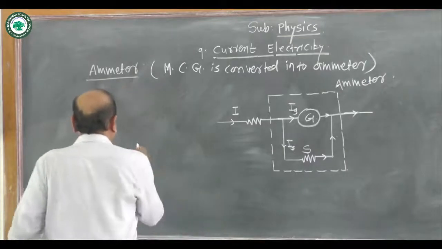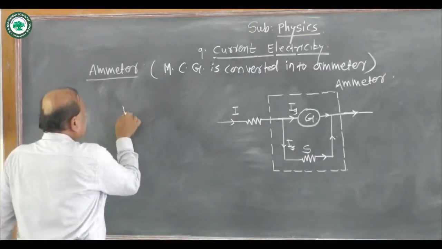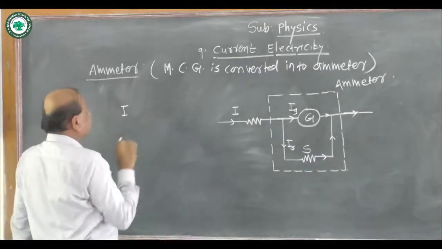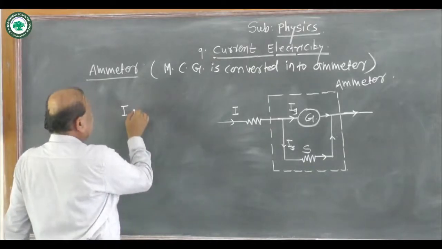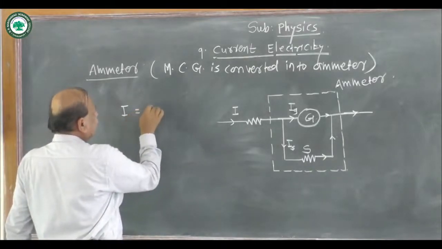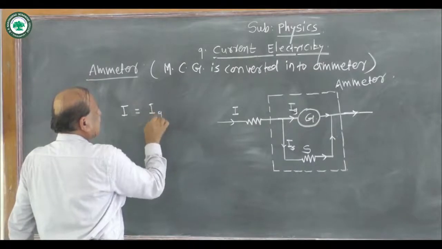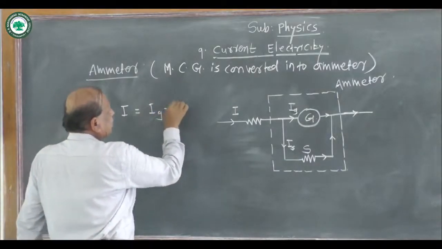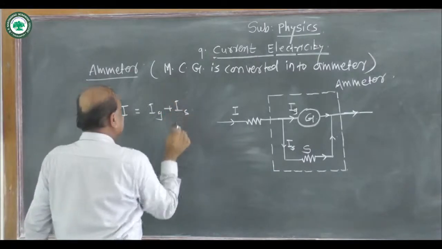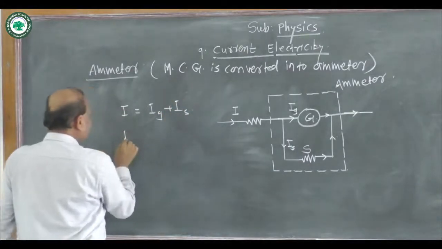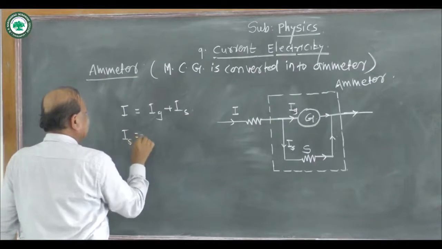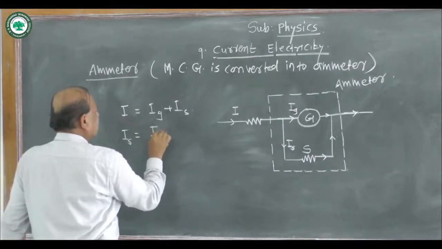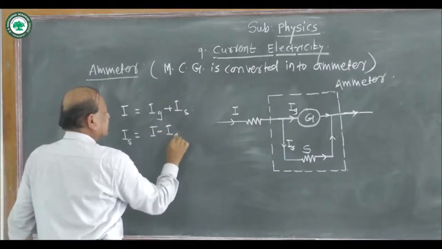Now here the total current flowing through this circuit I is equal to Ig plus Is, and now this Is is equal to I minus Ig.